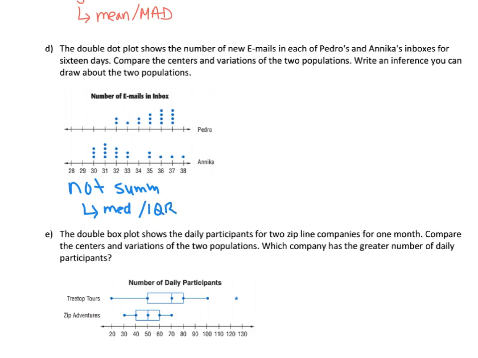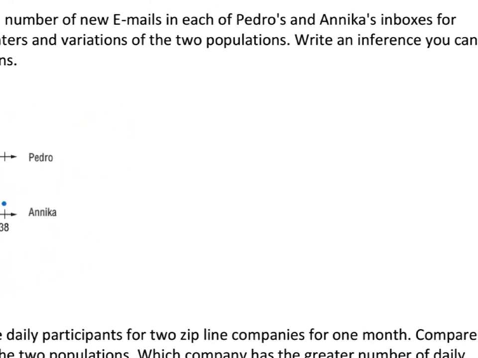So before I make my table, I need some space because to find the median and IQR on a dot plot, I need to list the numbers. So here's how we list them. I'm going to start with Pedro. He has 32, 32, 33, 34, 34, and so on. I'm going to zoom in a little bit so I have more space.